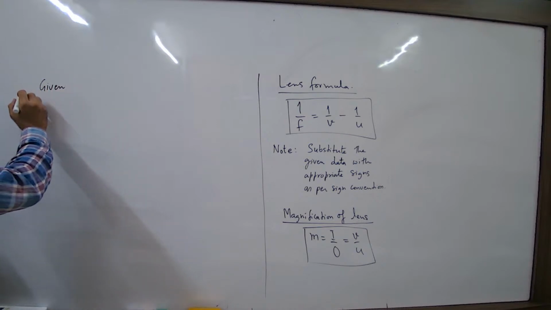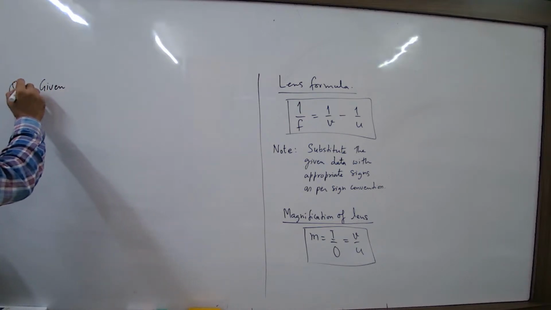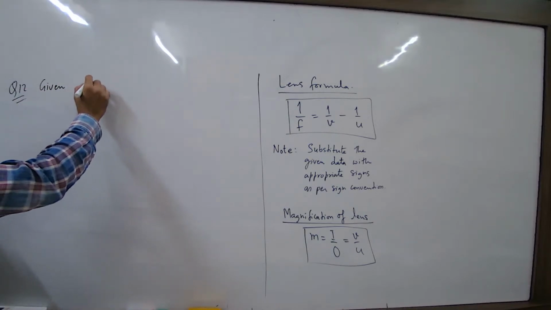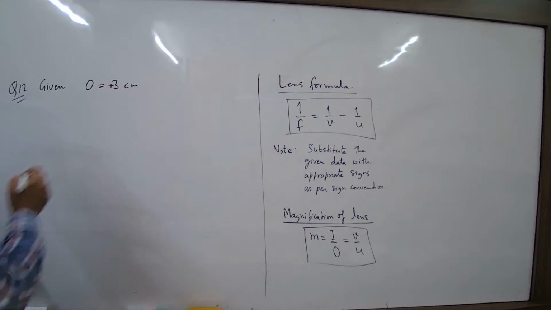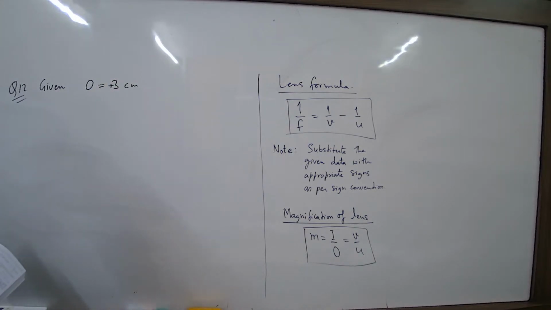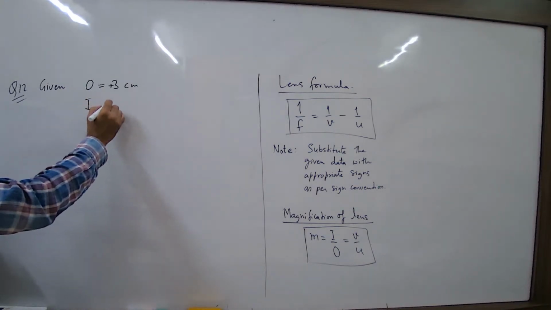So this is question number 12. Given O is equal to 3 centimeter, this is plus. What else is given? Placed in front of a convex lens so that its image is of length I equal to.